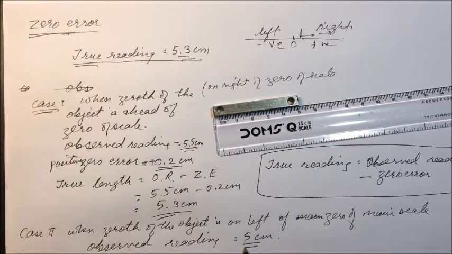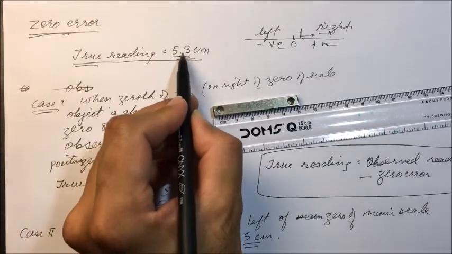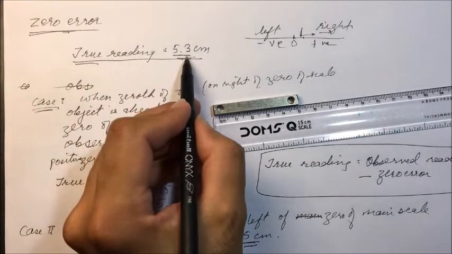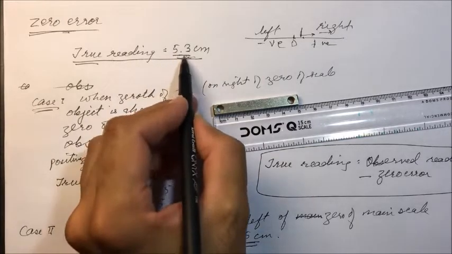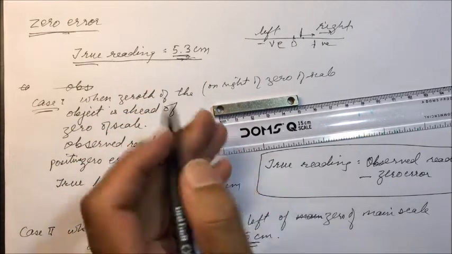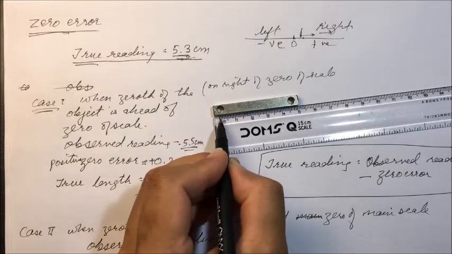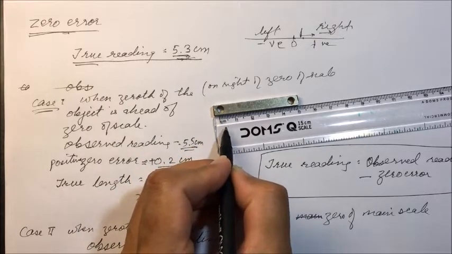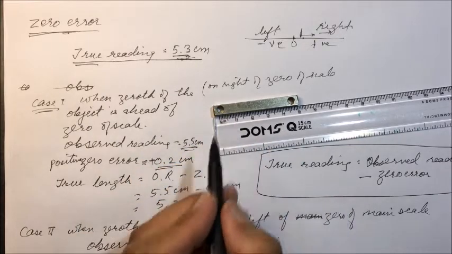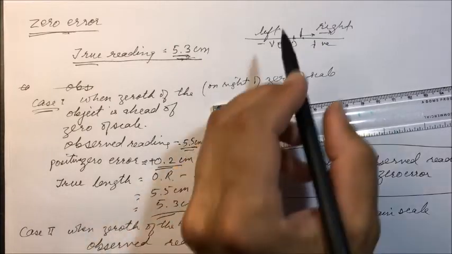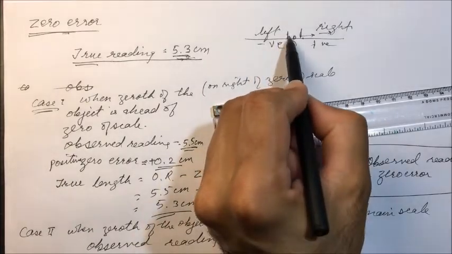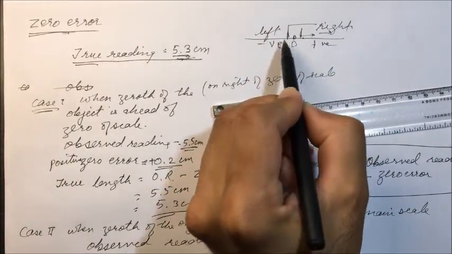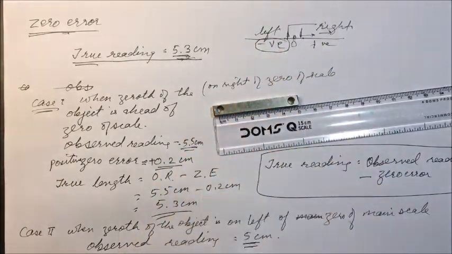So we are getting less reading as compared to the true reading. We are getting 5 centimeters instead of 5.3 centimeters. That is, something has to be added to this to get the true reading. This time we have started earlier than the zero of the main scale. Now the zeroth of the object is lying on the left side.